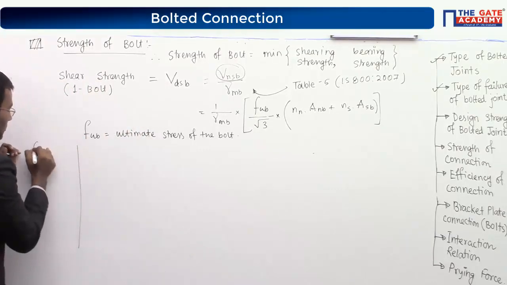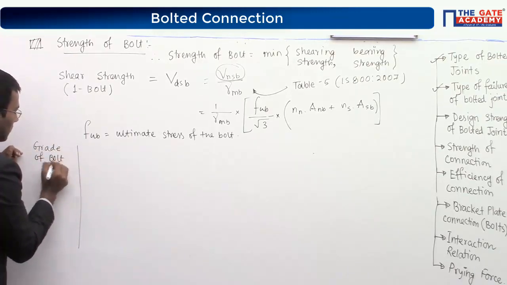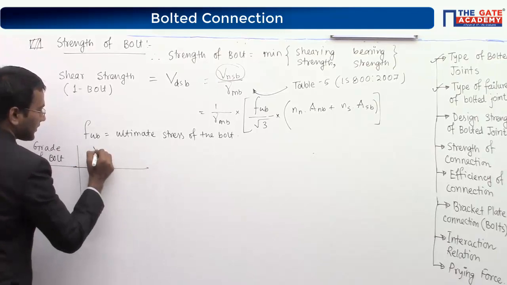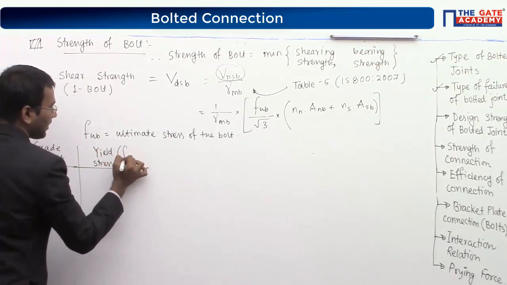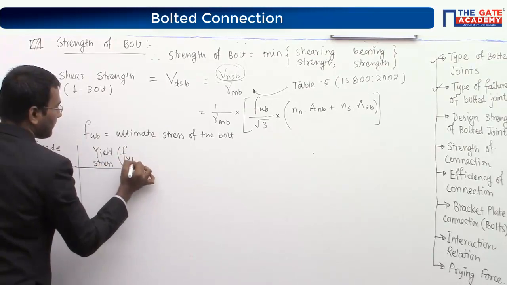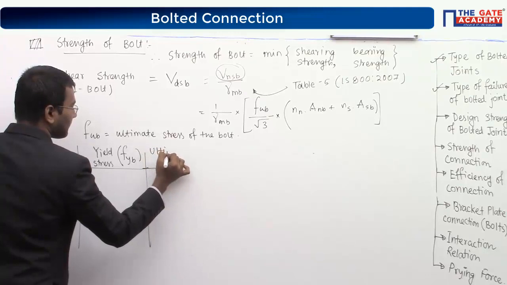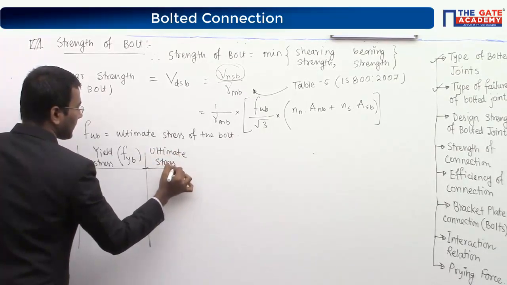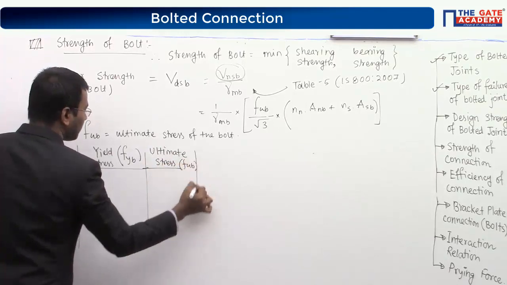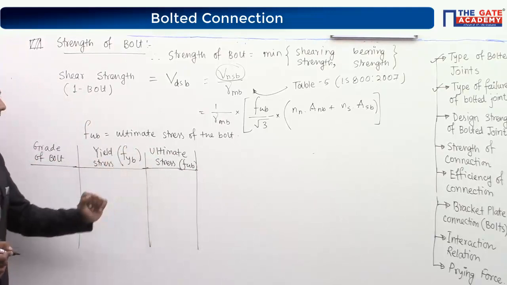So grade of bolt. Next one, yield stress. I am assuming F of YB, yield stress of bolt, and last one is ultimate stress, so this is your F of UB. Grade of the bolt, yield stress and ultimate stress.